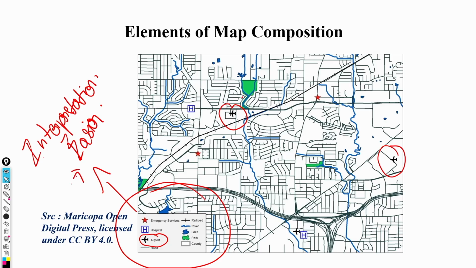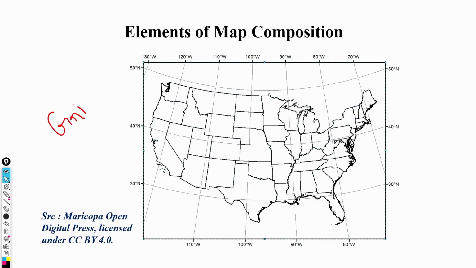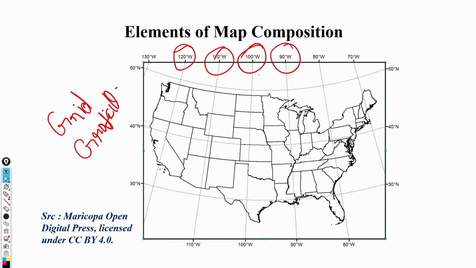This is your 7th component. And this is a much better example of a grid or graticule. In the map before this I showed you just the lines. Here the latitudes and longitudes are being marked. So this is an exact graticule. We will be doing all these things today.